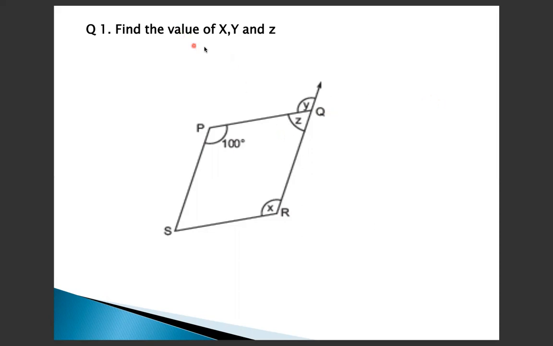Now, we have to find the value of x, y, and z. The figure which is given to us is this. Now, we all know that opposite angles are equal. So, if angle P is 100, then angle x will always also be 100. Let me write opposite. Let me just increase the font of this.